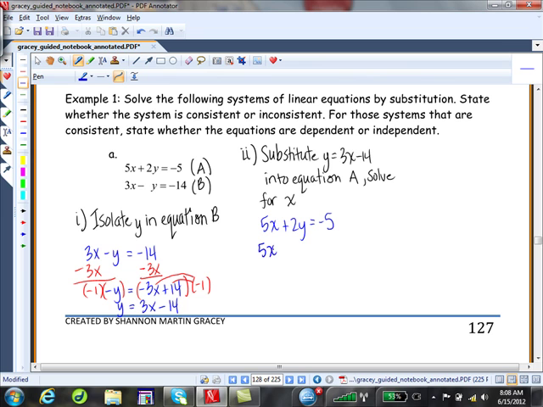Now, substituting in the expression for y, we substitute in 3x minus 14, and that's equal to -5.